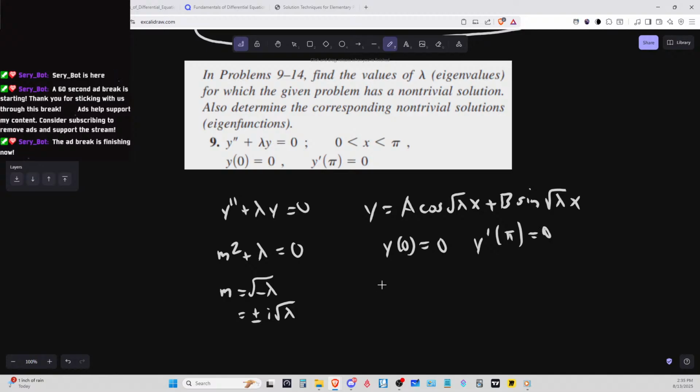So if we have a derivative dy, that means it would be a times lambda, negative sine of lambda x plus b times lambda square root of lambda cosine of lambda. Okay.